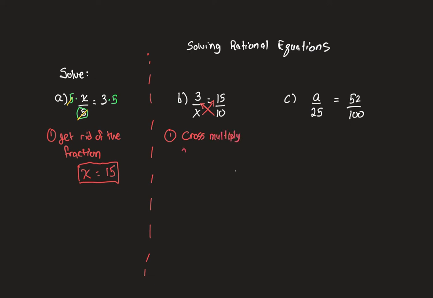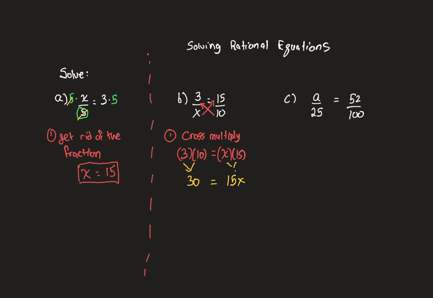And when you do that, you're going to get 3 times 10 and x times 15. 3 times 10 is 30, and x times 15 is 15x. Then, of course, don't forget the equal in between them.